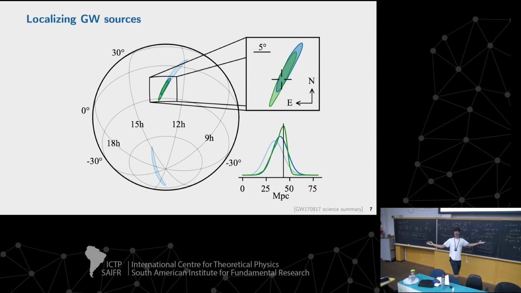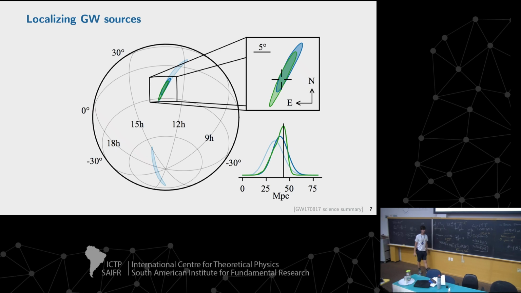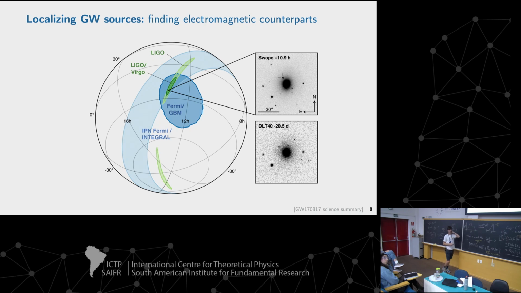So having multiple detectors is quite useful in terms of finding signals, because then you have a much smaller region to cover with your telescopes to find evidence of the transient and the host galaxy.